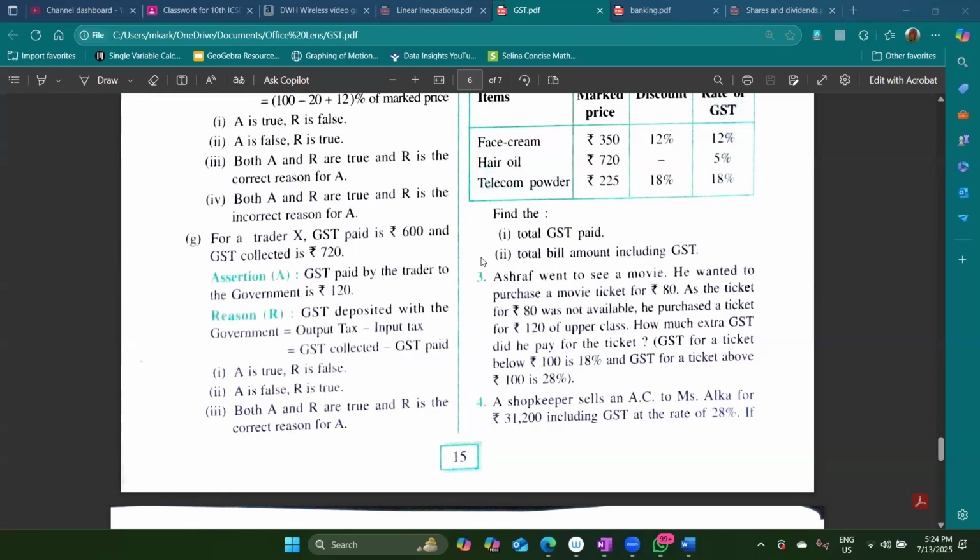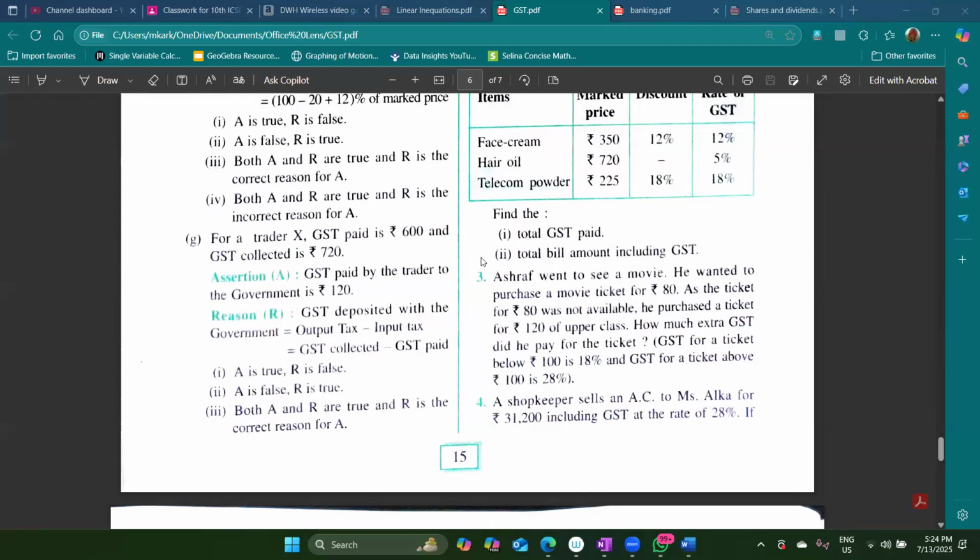Soham, that was your answer for the last, right? Yes, sir. How, Advait? Yeah, now you are correct.